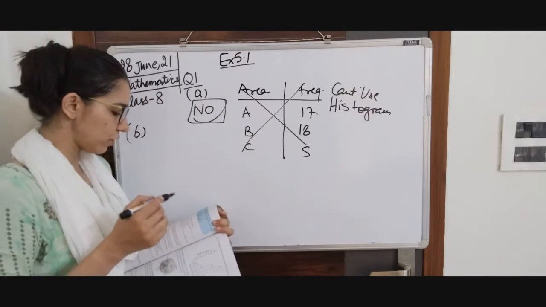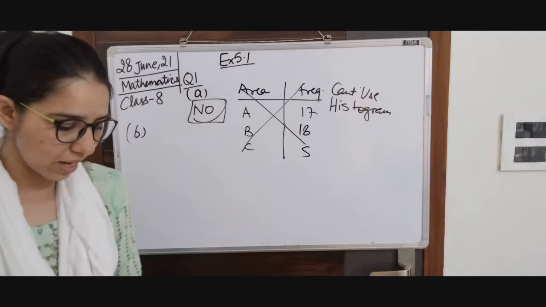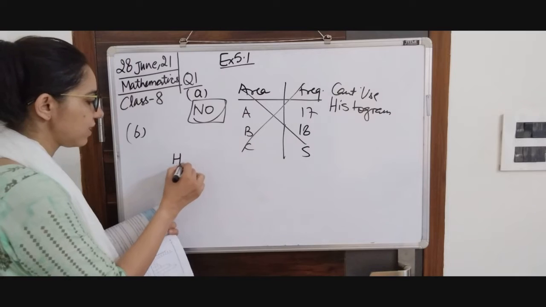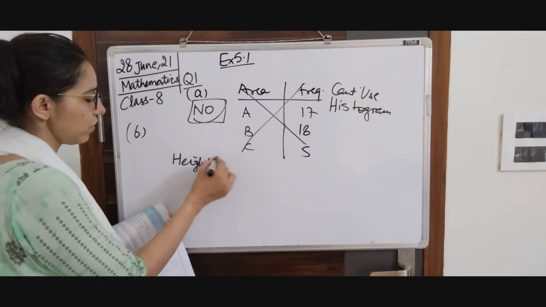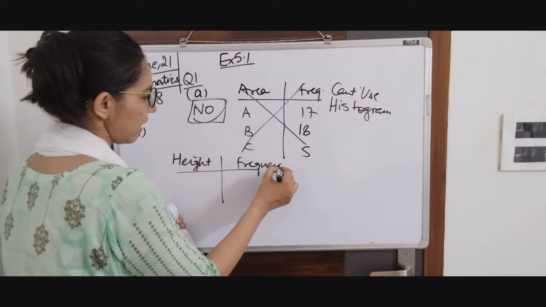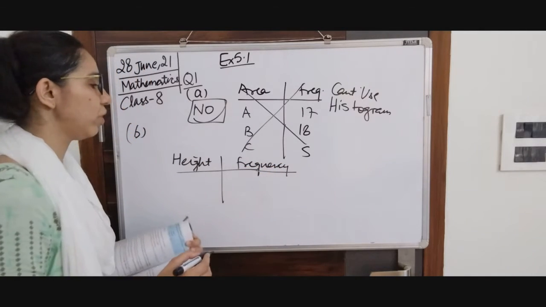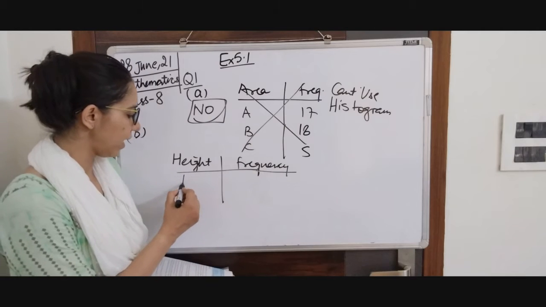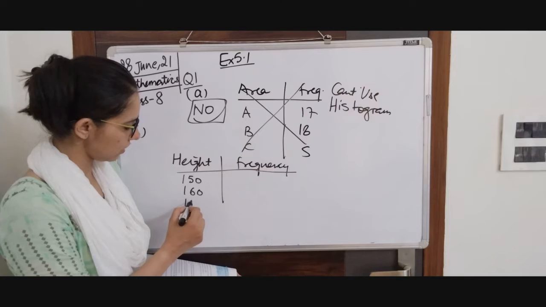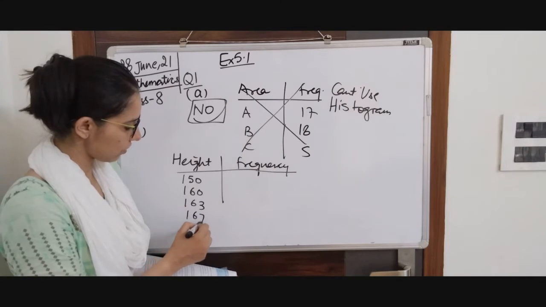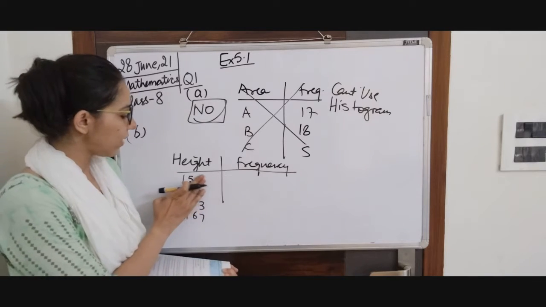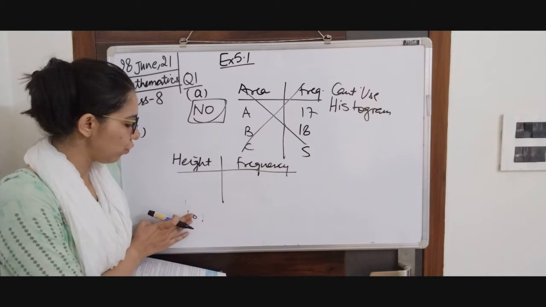Second we have the height of competitors in an athletics meet. Now we are going to talk about height, and in the other column we will have frequency. Frequency means number of students having that kind of height. Now if you are going to write your height like 150, 160 centimeters, 170, 163, 167, then it will be a long list and it will be unmanageable. So rather than that, we will use intervals.